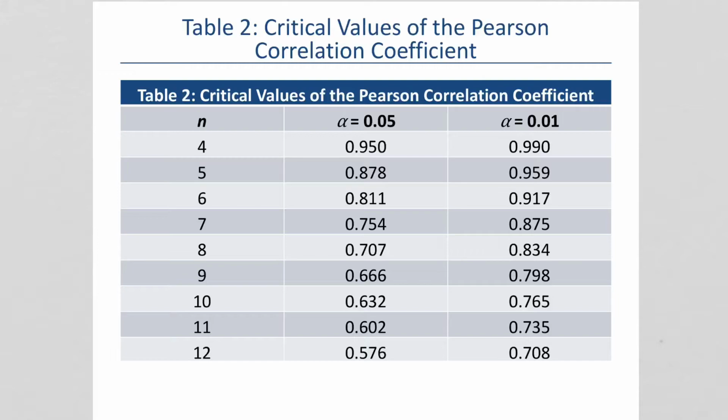Here is listed your correlation coefficient for either a 95% level of confidence, where the coefficient is 0.05, or a 99% level of confidence, where the coefficient is 0.01.